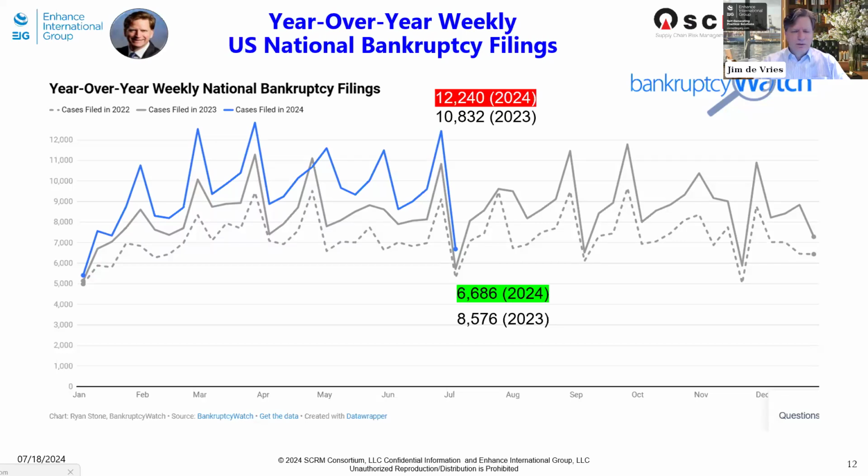So we were trending about a couple thousand higher than last year up until this point. As you can see, the blue line here versus the gray line in the dotted line. So bankruptcies have been going up year over year overall, driven by the small, medium-sized companies. But for the first time, you see a drop here in 2024. So is this an anomaly? Is this real?